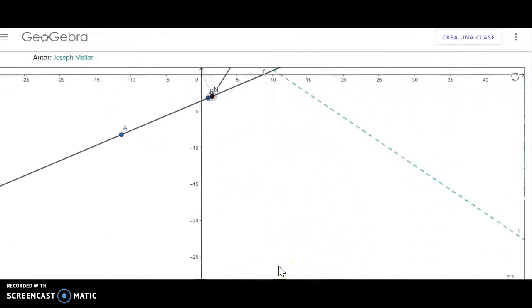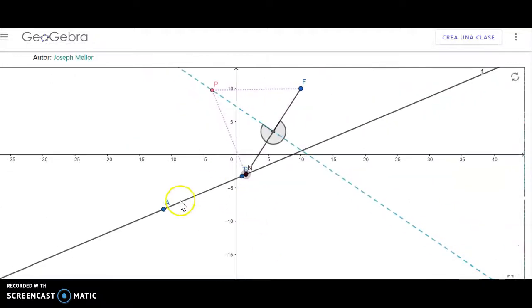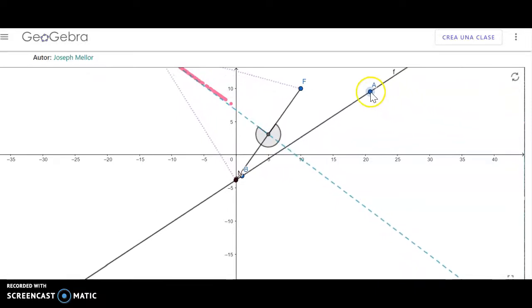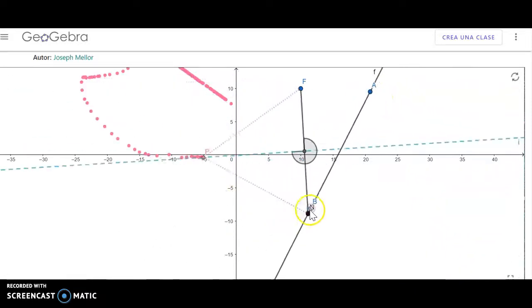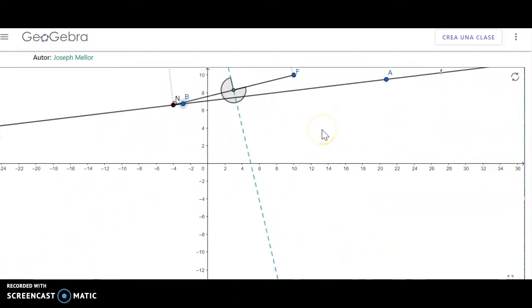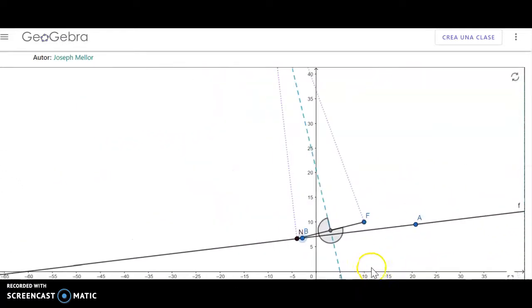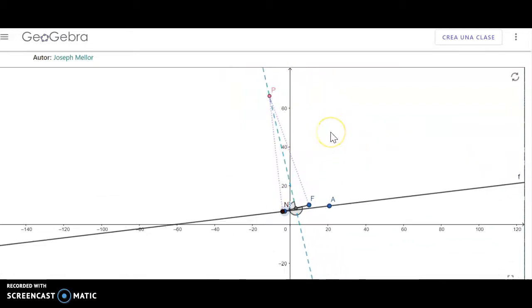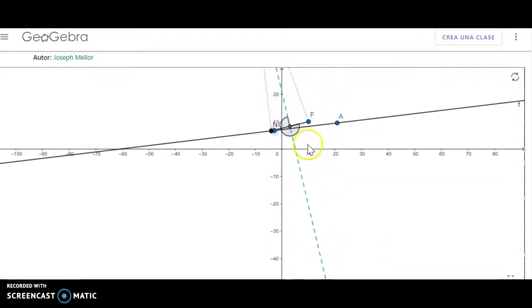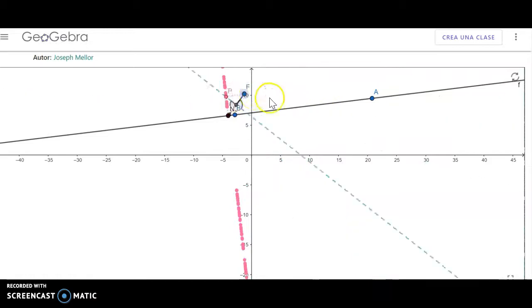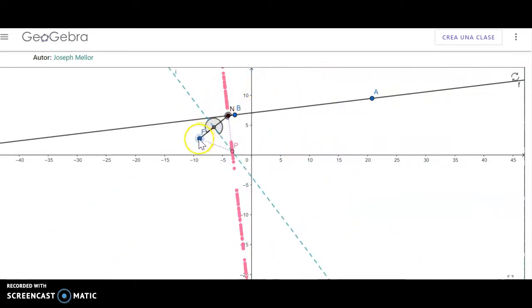Let's try a different one. Let's put A over here, B over here, and then let's put point F over here, but larger.